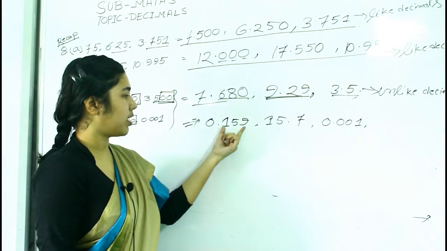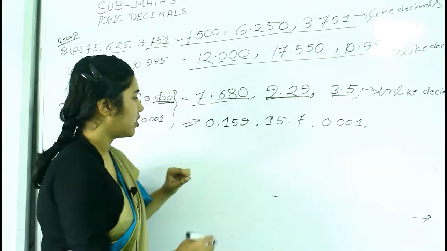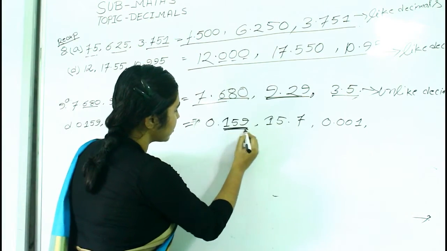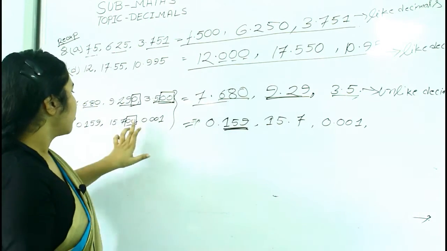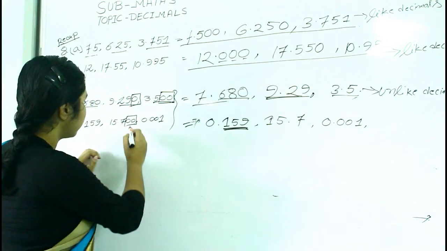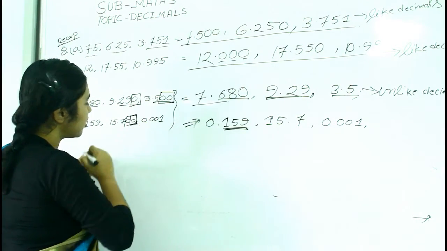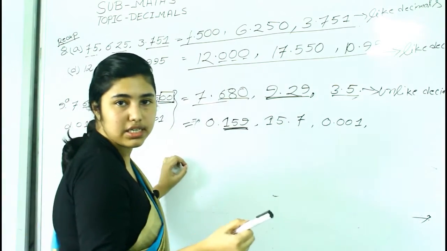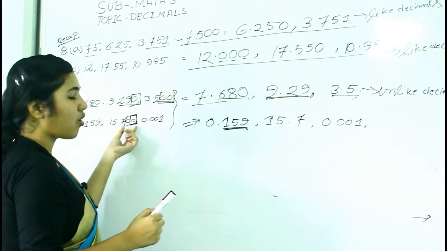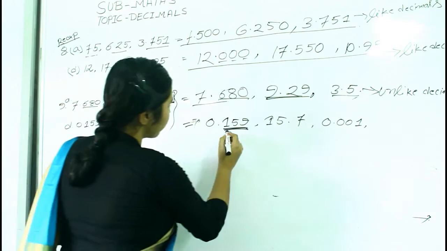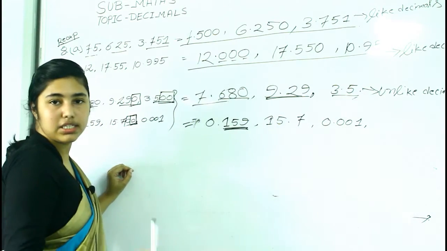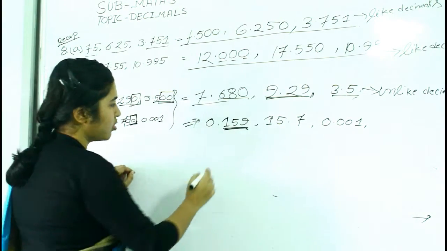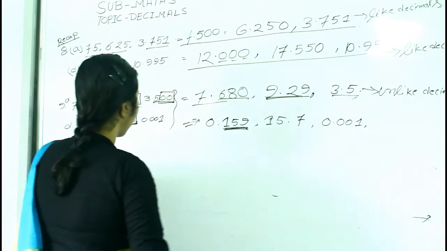Now first number has 3 decimal places, but we have to write all these digits because we can only ignore zeros in the last digits, 1 zero or 2 zeros, but we have to write all the digits except 0. So write here 159.